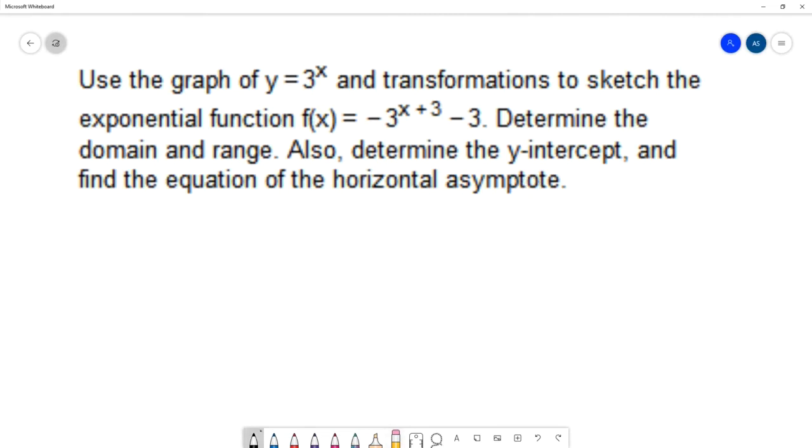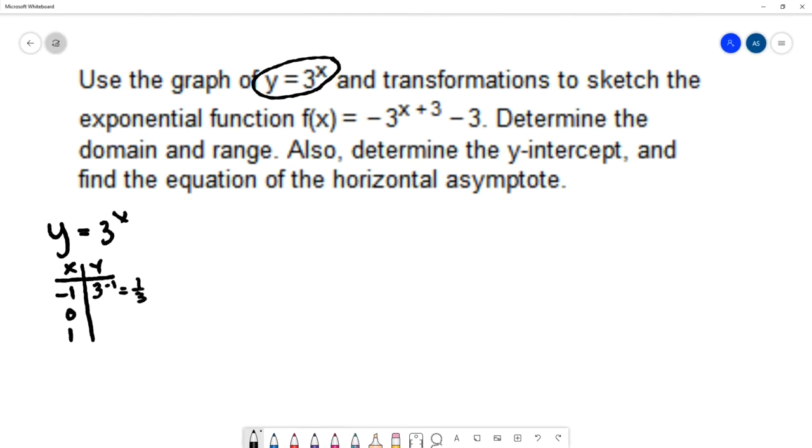So let's start with our base graph of y equals 3 to the x. For y equals 3 to the x, we can get those ordered pairs. Negative 1, 0, and 1 is what we choose for our x's. For our y's, we'll get 3 to the negative 1, which is 1/3, 3 to the 0, which is 1, and 3 to the 1, which is 3.